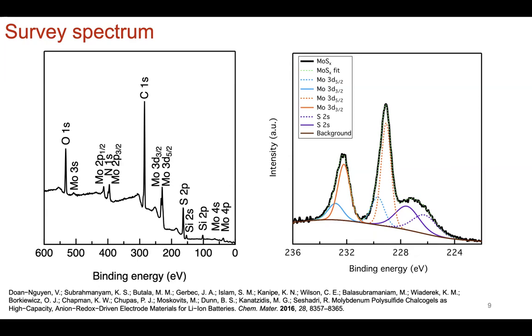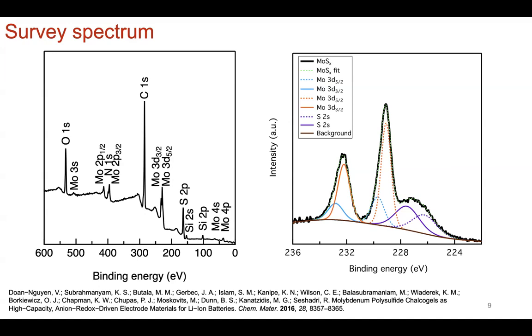Now, here's an example of what happens when you have overlapping spectra. So here is a molybdenum sulfide sample. If you were to take one of the dominant peaks, like molybdenum 3d, if you had a sulfide sample, you could look at the sulfur 2s, but you can see that there's overlapping between the sulfur 2s and the molybdenum 3d binding energy.